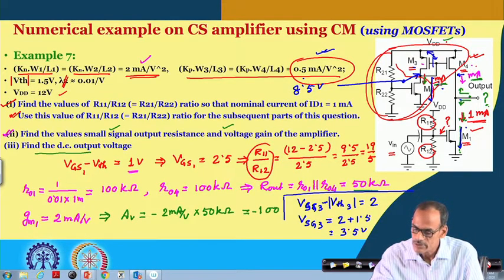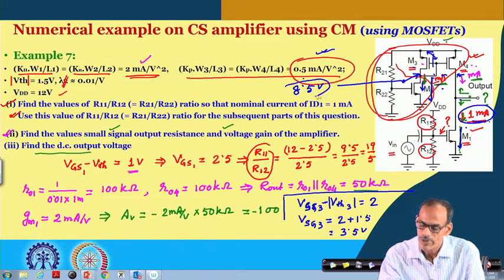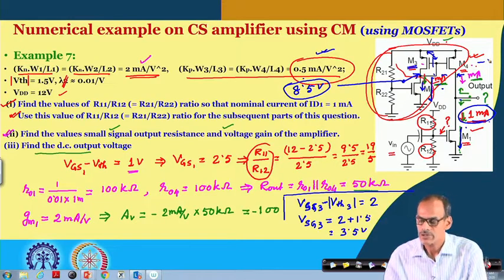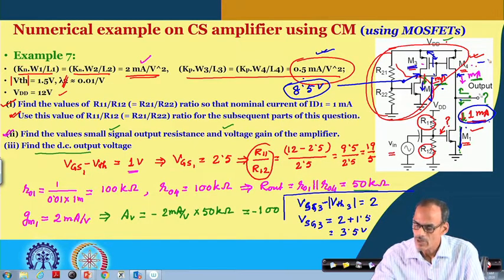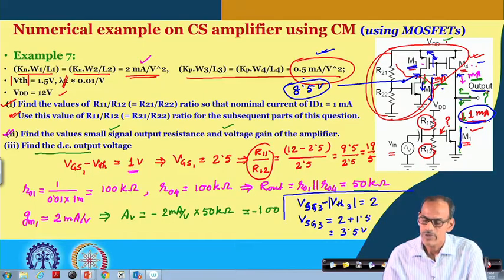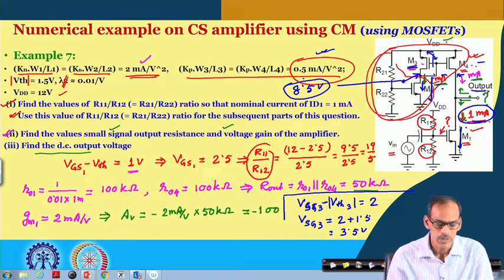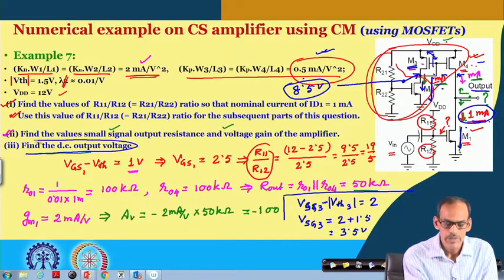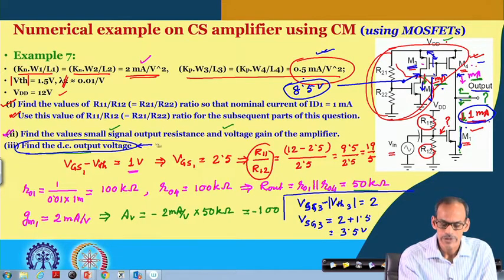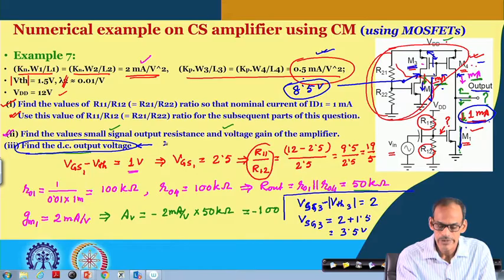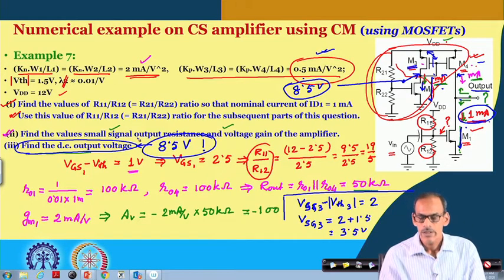In other words, the current flow of this transistor and the current flow of this transistor are matched whenever these two voltages are 8.5, and transistor 3 and transistor 4 nicely support this conclusion that if the output voltage is 8.5, then the currents are equal. So, from that argument we can say that the output DC voltage, instead of 6 volt, is rather 8.5 volt. It is not 6 volt, right.